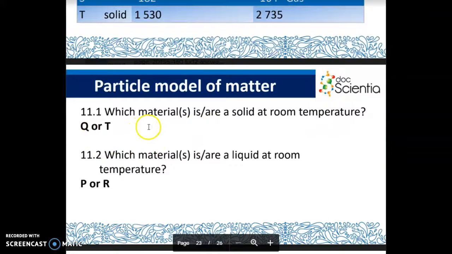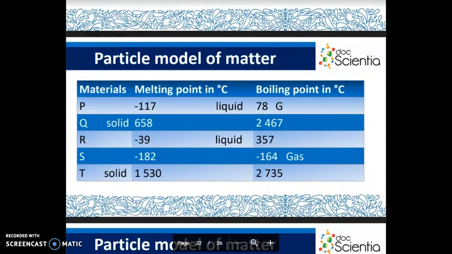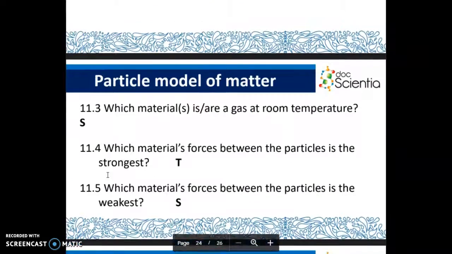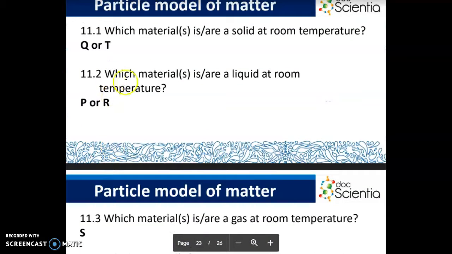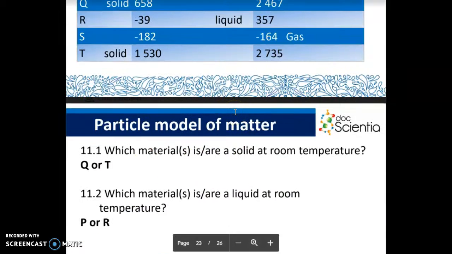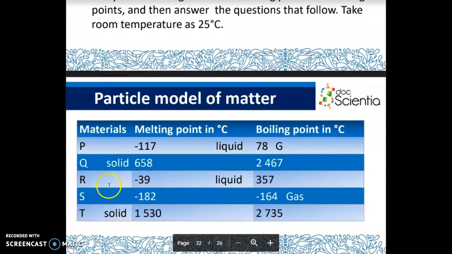So, 11.1. Which materials are a solid at room temperature? Q or T? Solids. 11.2. Which materials are a liquid at room temperature? P and R, because the melting point is less than the room temperature.